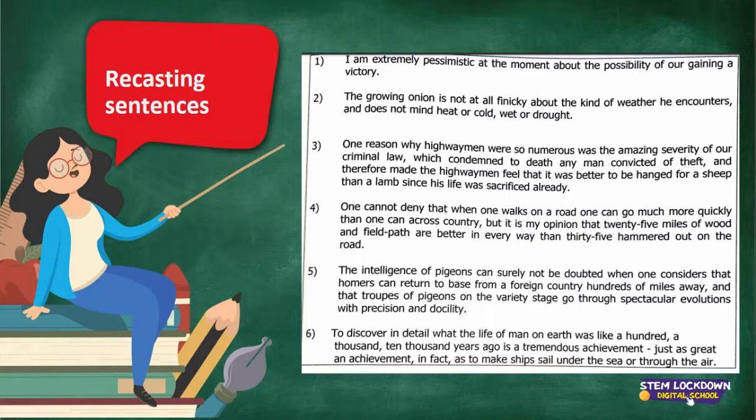I just want you to critically look at that paragraph there. It is a very good and colorful paragraph where we can visualize and we can understand what's going on in the mind of these highwaymen. One reason why highwaymen were so numerous. Who are these highwaymen?